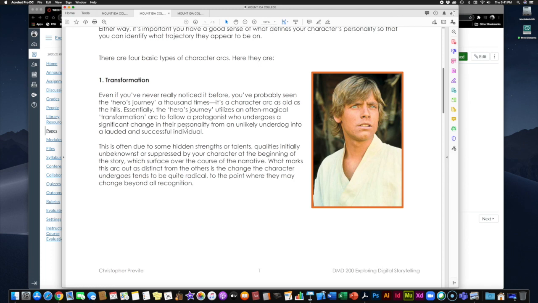Now, the reason why it's referred to as a magical transformation is because we know that in real life, sure, people change, but it usually takes a very long time for us to change as human beings, not usually in the course of a 500-page novel or a 2-hour movie. So the magical part comes in that it happens pretty quickly in the term of the story, but you get the idea.